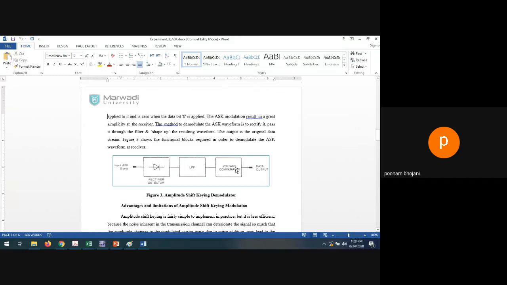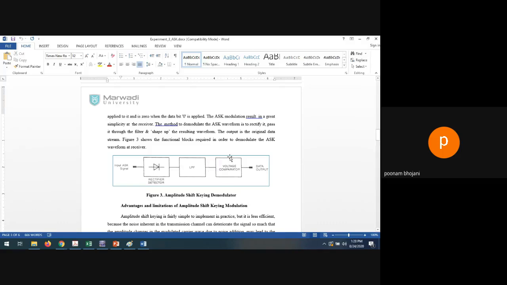Let's say the voltage comparator is comparing the low pass filter output with 1 volt. If the output of the low pass filter is greater than 1 volt, you will receive digital data 1. And if it is less than 1, you will receive digital data 0. Why is the comparator useful? Because a comparator can have only two outputs, either 1 or 0, meaning either true condition or false condition.